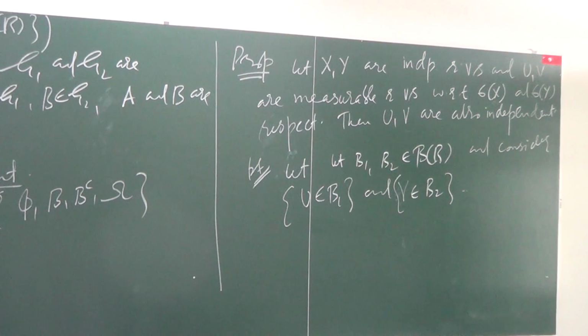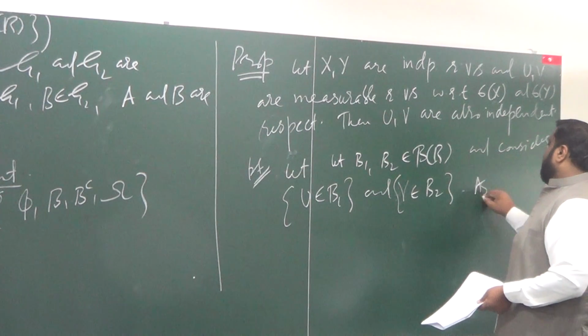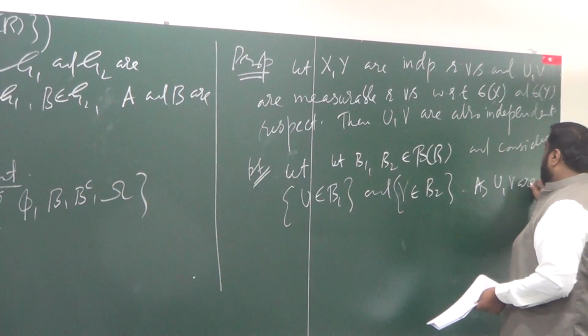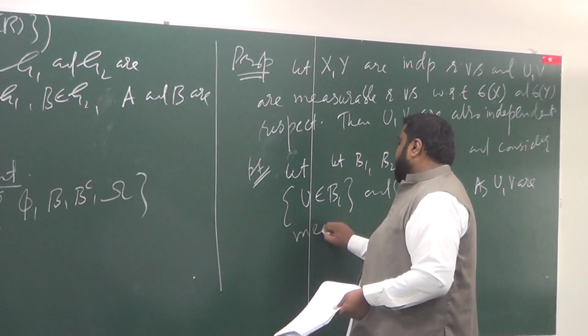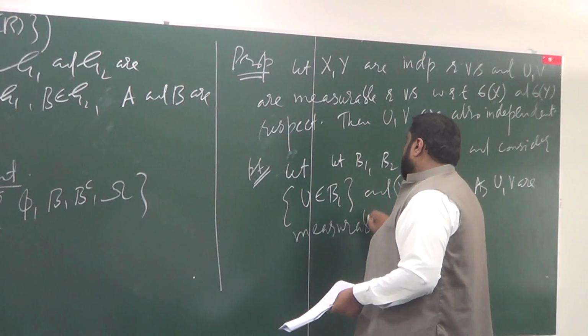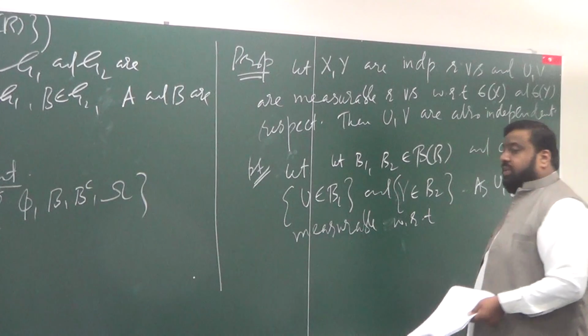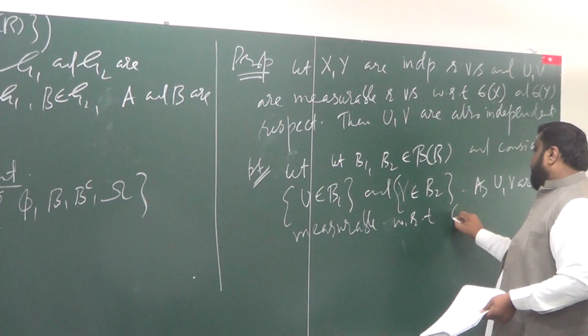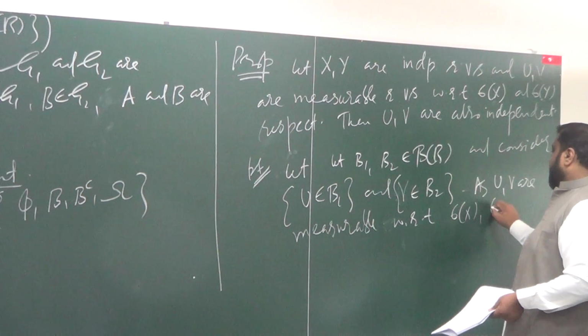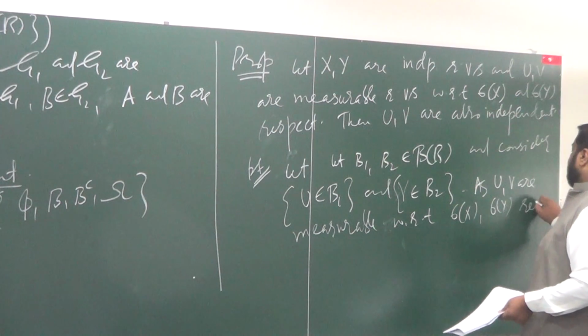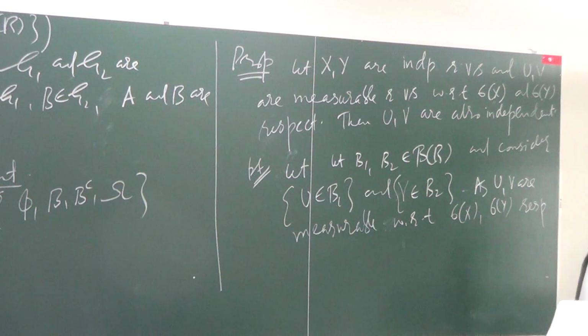What should be the next step? As u and v are measurable with respect to the sigma field generated by X and the sigma field generated by Y respectively, what does this mean?